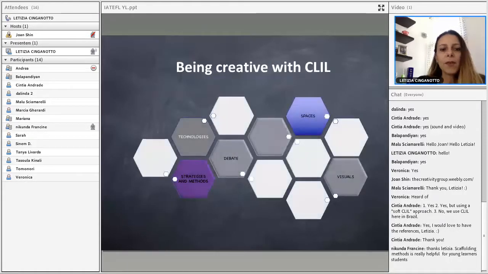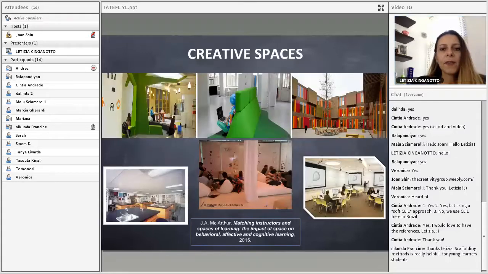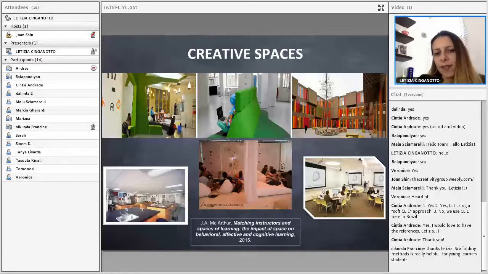Some other examples of how you can be creative with CLIL spaces. You can make a very creative, very divergent and unconventional use of your space, and you can see here a lot of examples. Of course, these are not Italian.